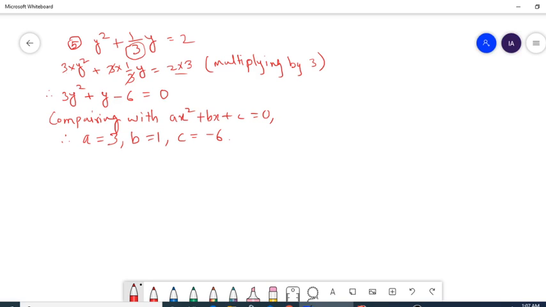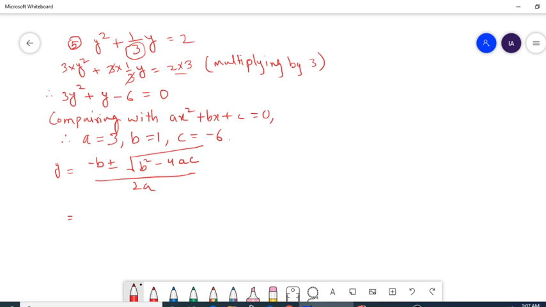Then it's time to write your formula. The variable is y, so we are solving for y. The formula is minus b plus minus root of b square minus 4ac upon 2a. This is our formula.